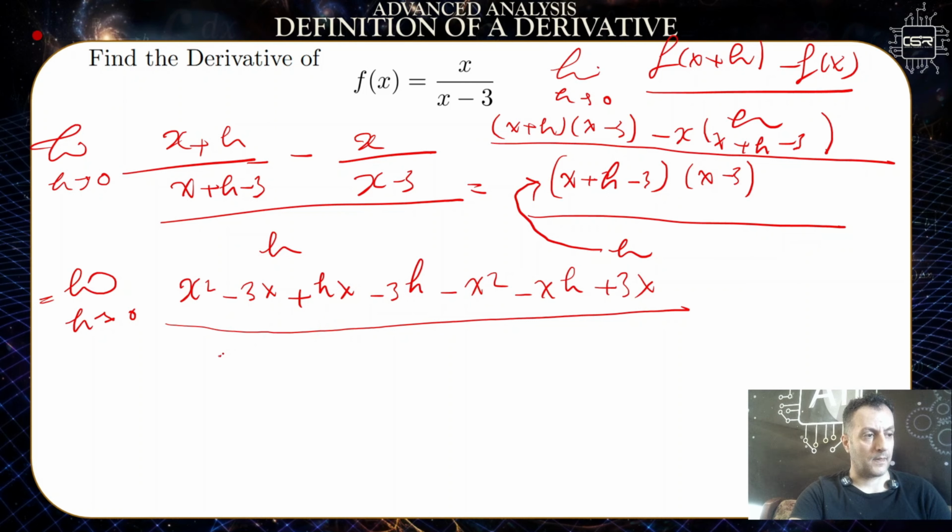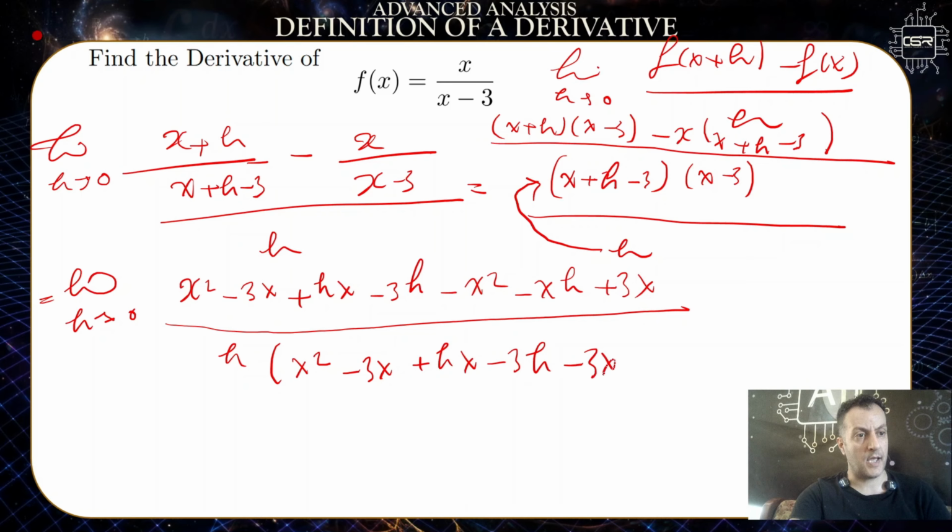So it is h multiplied by x squared minus 3x plus hx minus 3h minus 3x plus 9. Okay, we are multiplying these two parts here.